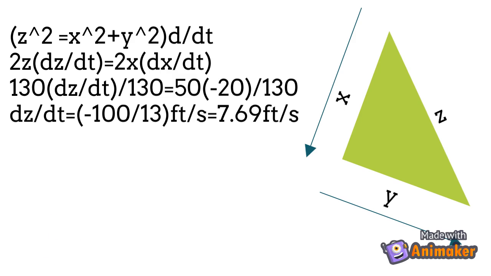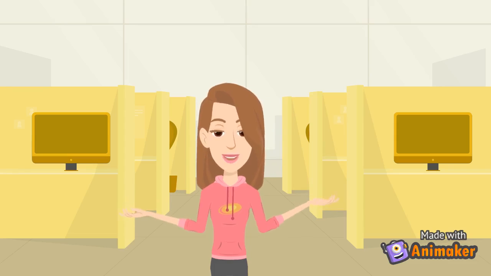We can cancel a 0 and we have 50 times negative 20 over 130, which is negative 100 over 13. So the final answer for dz/dt is negative 100 over 13, or in decimal, negative 7.69 feet per second. This is the rate of change of the distance between the player and home plate.